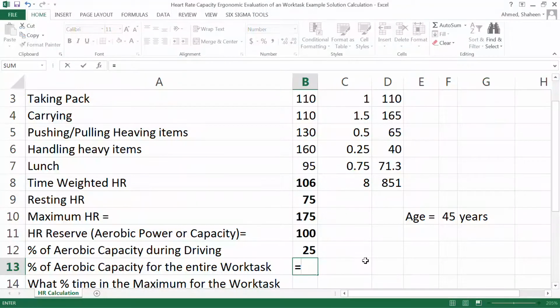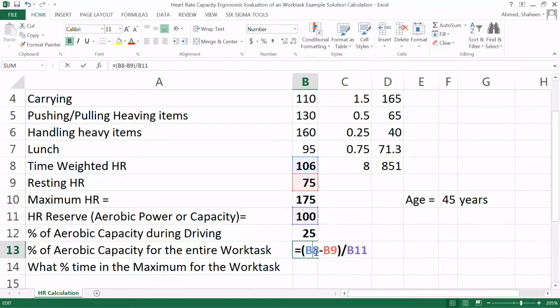Now for the entire task, I have to use the time weighted value for the entire task minus the resting, divided by the reserve, multiplied by 100. So 31%.